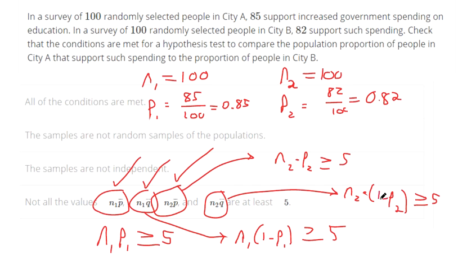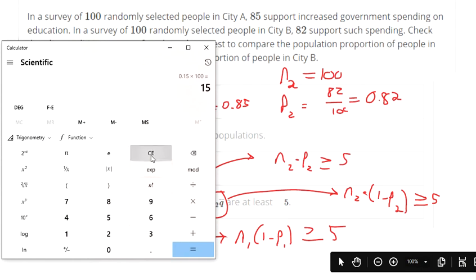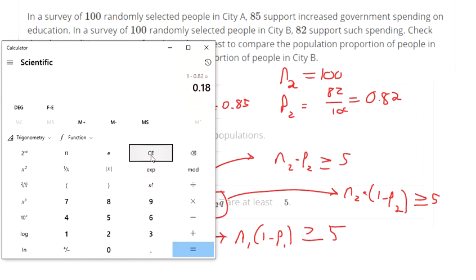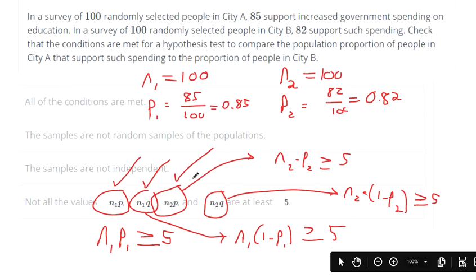N2 times 1 minus P2, this would be 100 times 0.18. That's greater than 5, right? So all these are checked. Not all the values are at least 5 is not true, so we're not going to check that one off. We plugged the numbers into each of these 4 formulas, and they were all greater than 5.